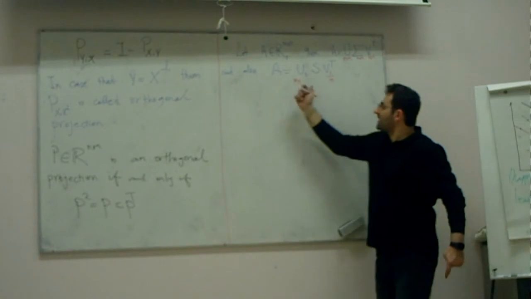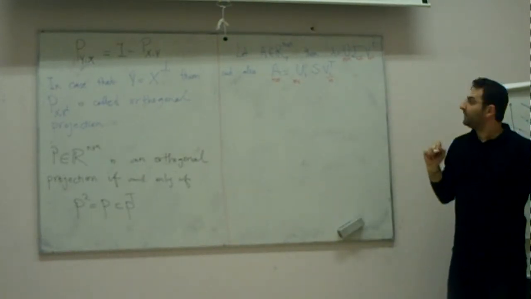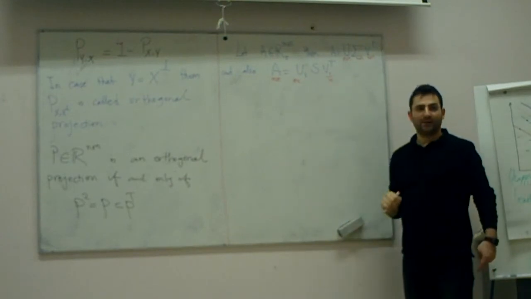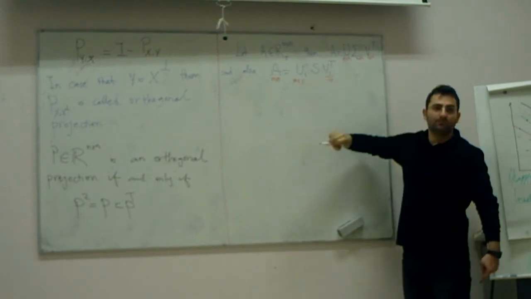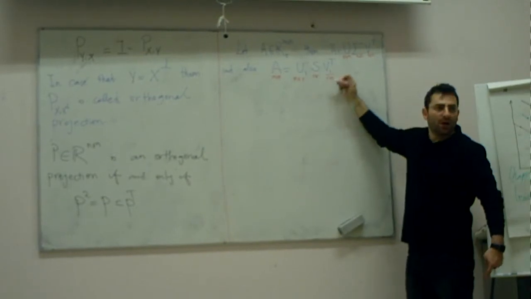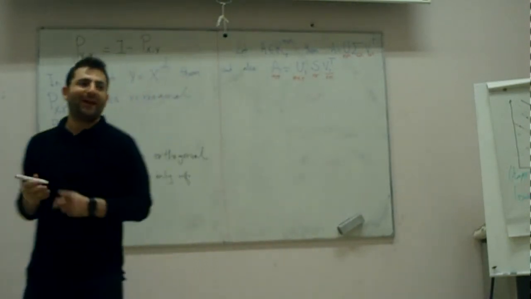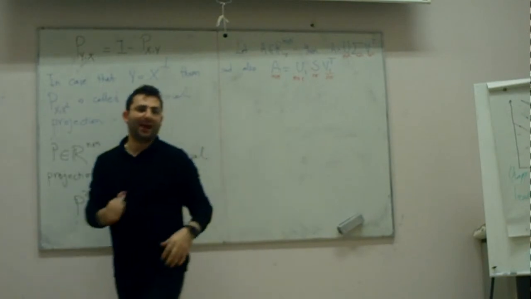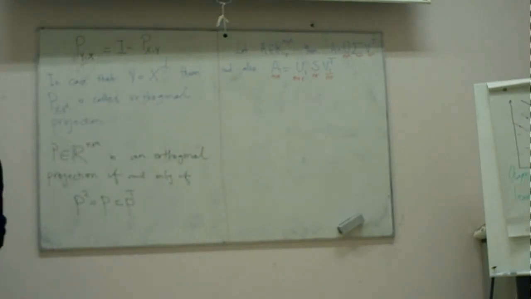Why? Because as a result, this should be m by n. But what about the term in the middle? What is the size of this? This is r by r. U1 is m by r, and V1 is n by r, but with the transpose it will be r by n. What is r? The rank. If you remember, we could shrink it based on the rank, and ignore all those singular values which are 0.